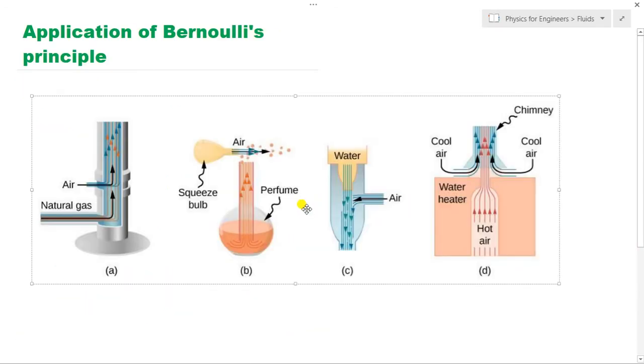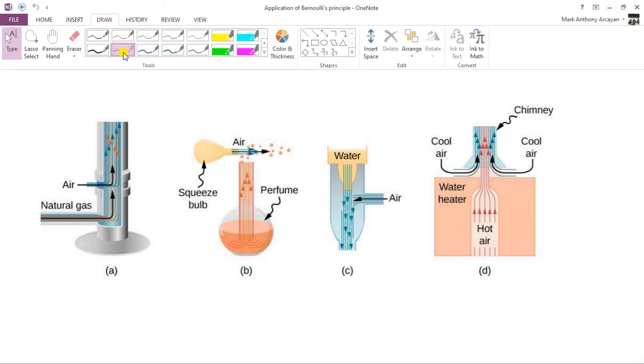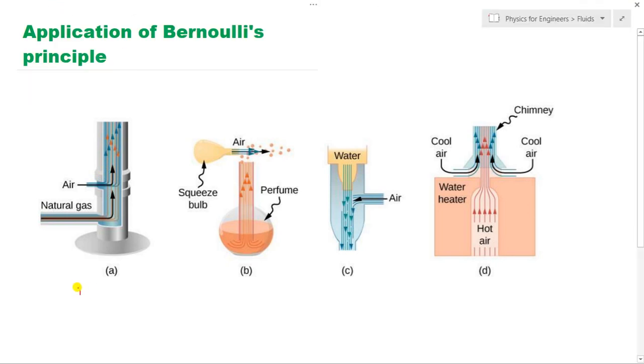But before that, class, ang application sa atong Bernoulli's Principle. So kani siya, for letter A, Bunsen burner. Kaning upat ka mga examples, ang principle behind ni is kaning gitawag nga entrainment.